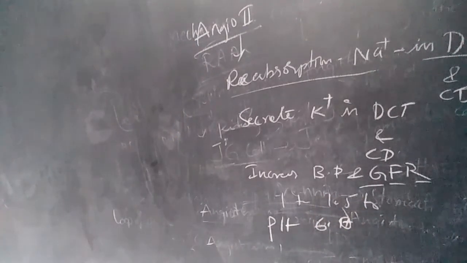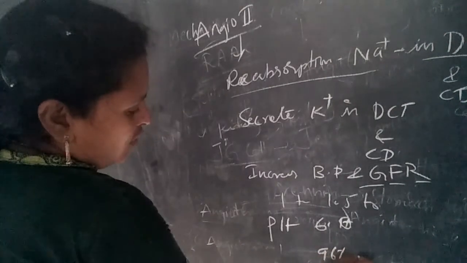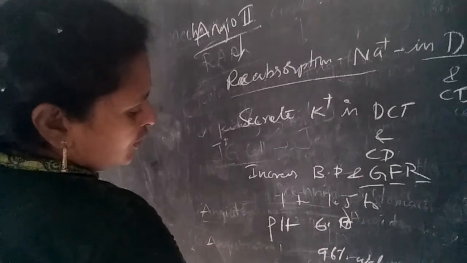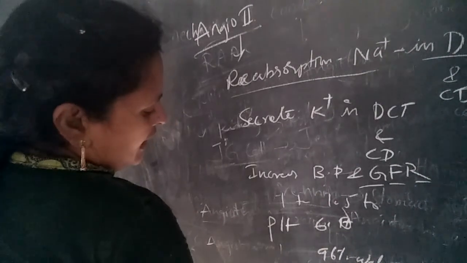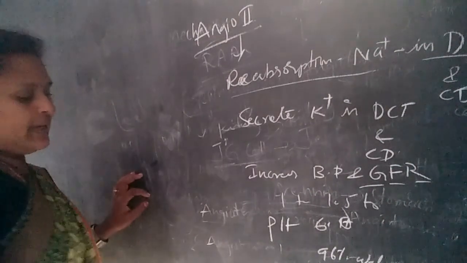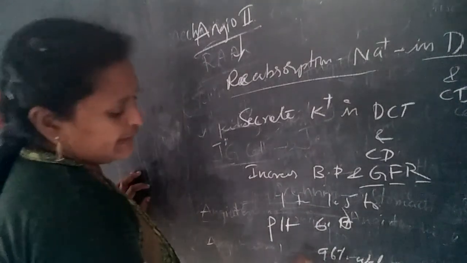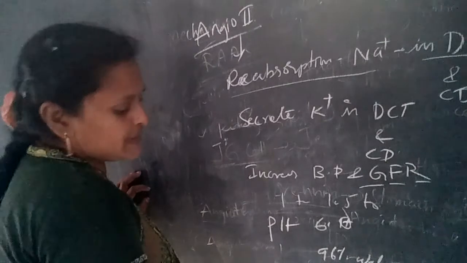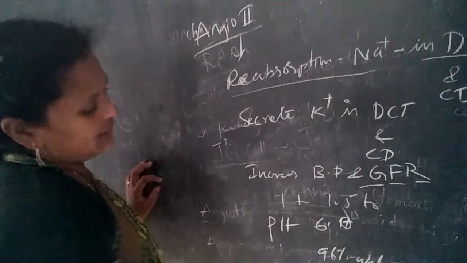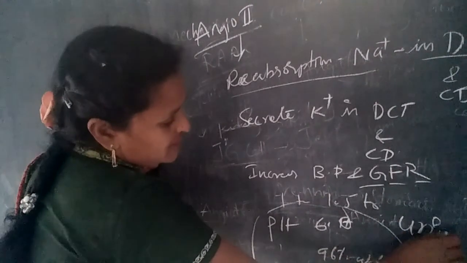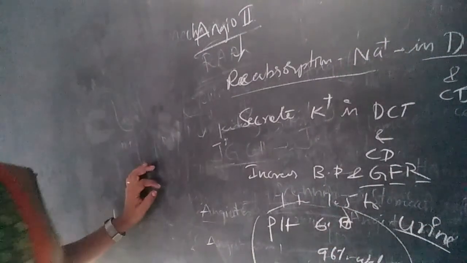The urine of a healthy man contains 96% water, 2% urea, and 2% other substances. So that completes urine formation.